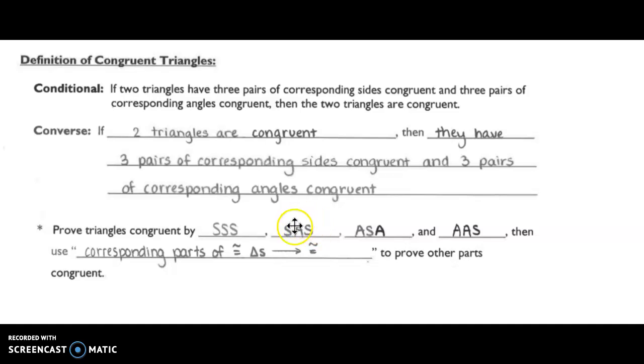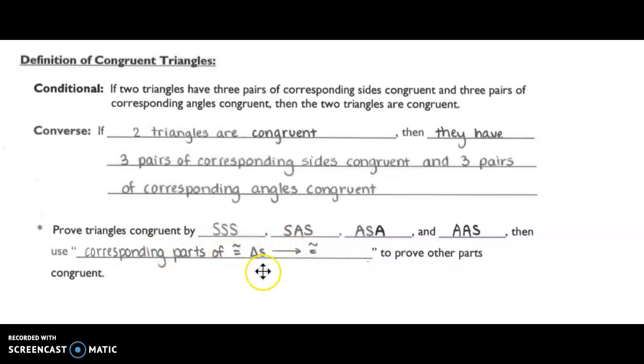Like in SAS, if you prove that two sides are congruent, then that must mean the third side must be congruent, as well as the other two angles. So that's what CPCTC is: corresponding parts of congruent triangles are congruent.